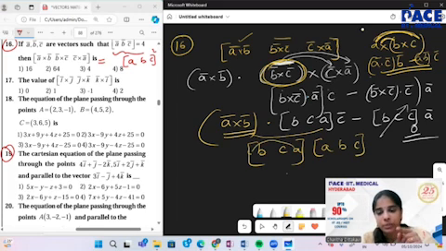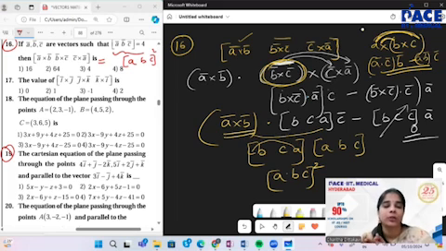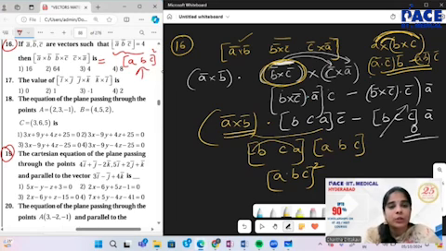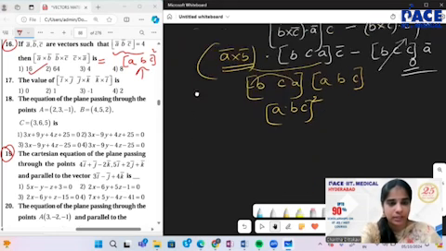Here also there is a repetition, ABC times ABC, that is your ABC box whole square. Finished. That is the reason why you got A cross B, B cross C, C cross A as the box of A, B, C whole square. So when that is 4, this will be 4 square. Answer is 16.